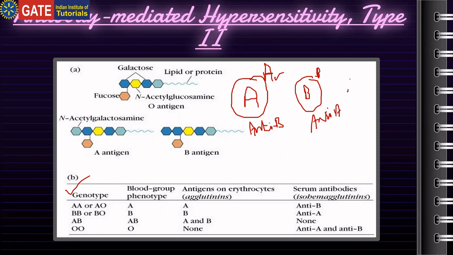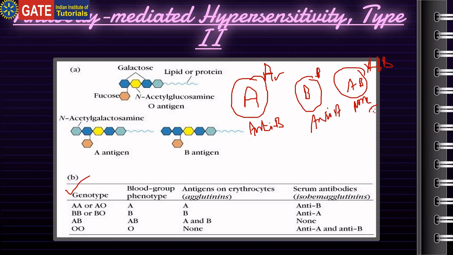And you people commonly know that if the blood group is AB, is there any presence of any antigen on the surface? I'm sorry. The presence of antigens A and B. And is there any antibody? There will be no antibody, because friends, if either anti-A or anti-B is present, they will go and destroy these antigens.